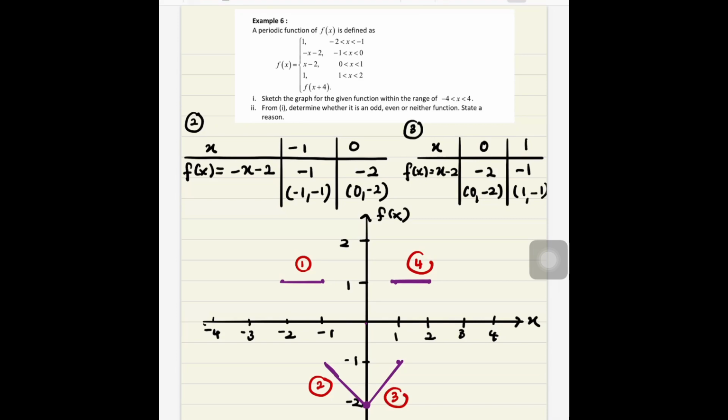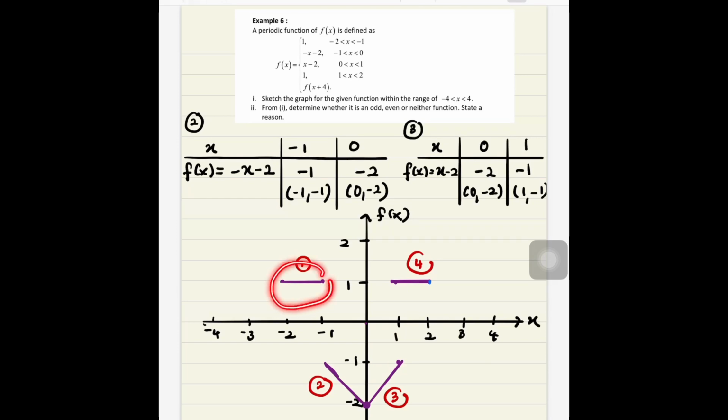Now the function will repeat itself after the period of 2L. In this case, your 2L is equal to 4: 1, 2, 3, 4. So after this period of 2L, the function will repeat itself, and you need to start again with 1. This is the last point of the last function, so it will be the first point of the new function.